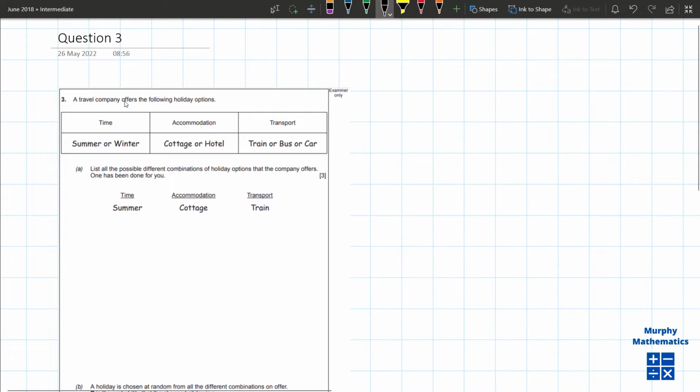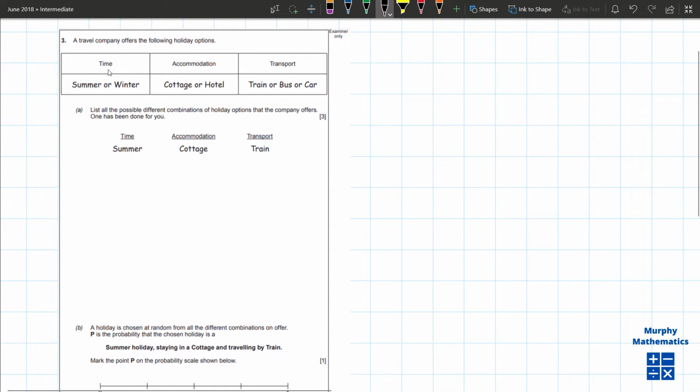And we've been told a travel company offers the following holiday options. The time of the holiday is summer or winter, the accommodation is cottage or hotel, and transport is train, bus or car. List all the possible different combinations of holiday options that the company offers. One has been done for you: summer, cottage, train.